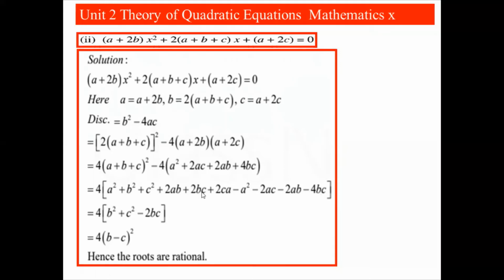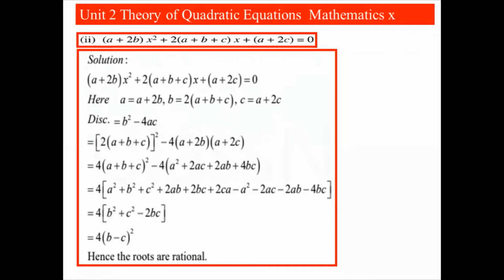After cancellation, we are left with b square plus c square and minus 2bc. This plus 2ca cancels out with this minus 2ac, or ca, same thing. So now we are left with b square plus c square minus 2bc. This can be written as (b minus c) whole square.